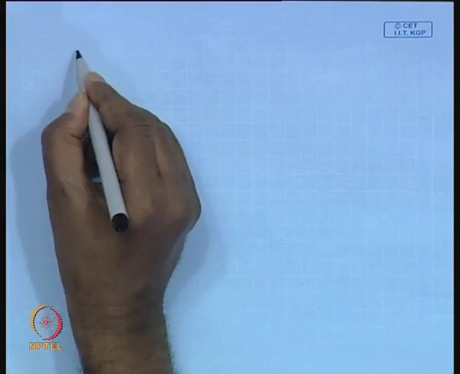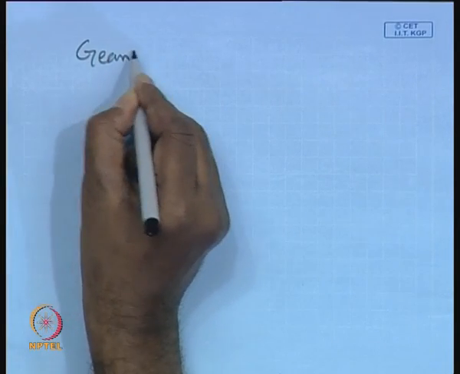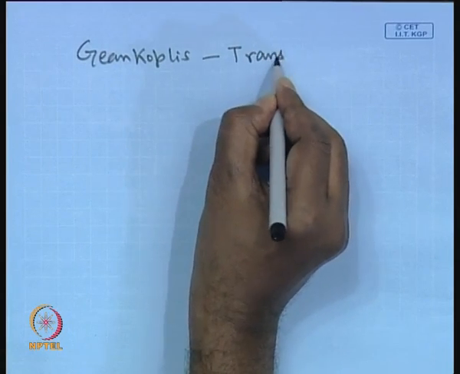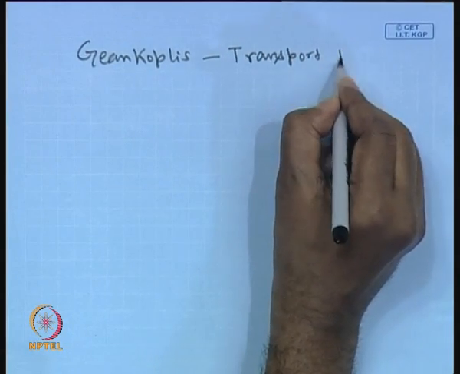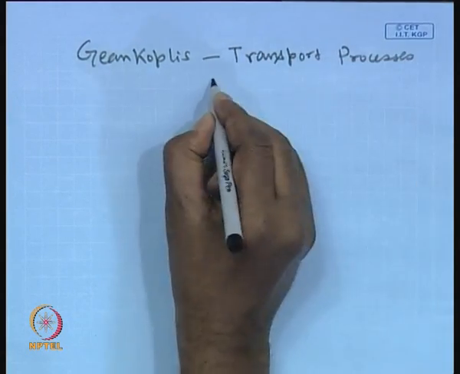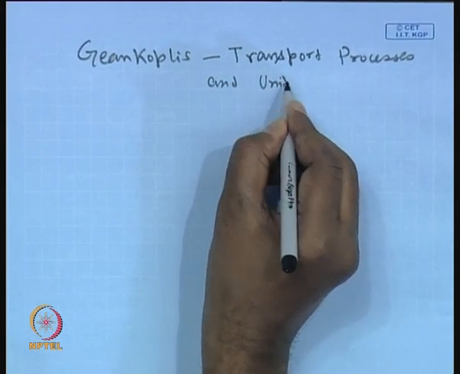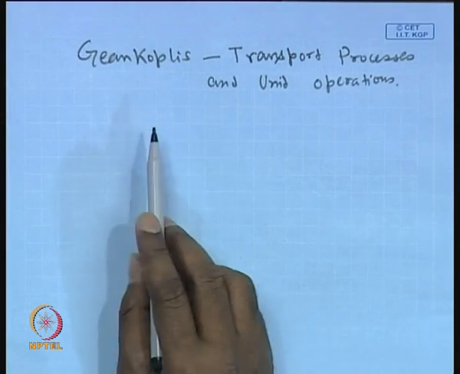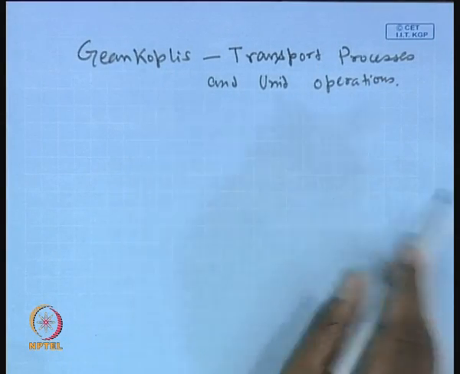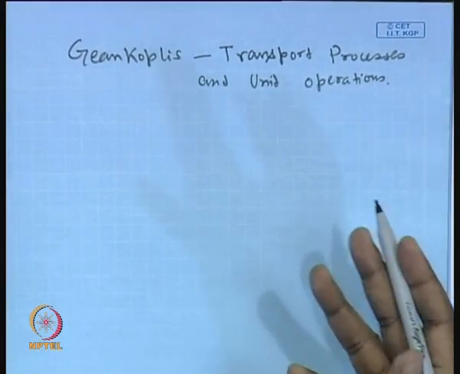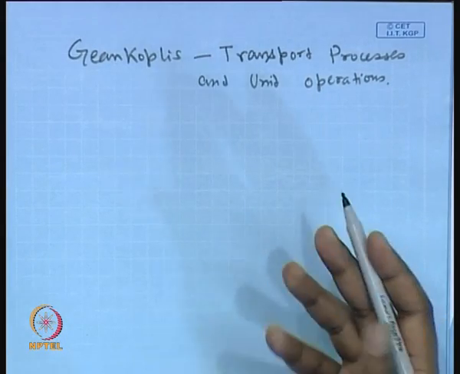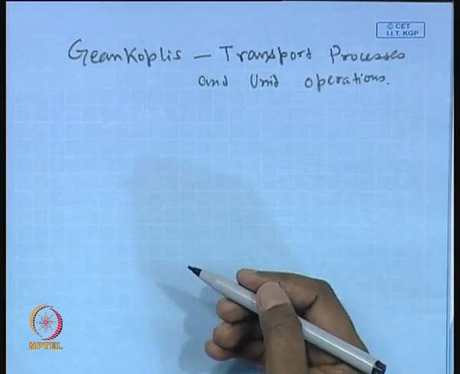Now, this material has been taken from the book of Geankoplis, Transport Processes and Unit Operations. So, if anyone is interested, you can go through this book and just take up the typical values. They have given several problems of this type. So, just take up the relevant data and try to solve this problem numerically.